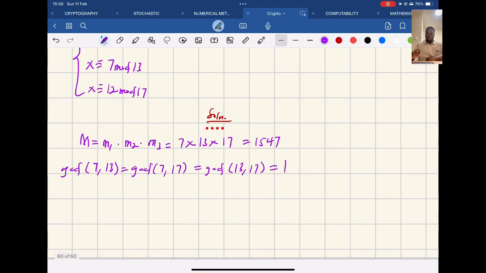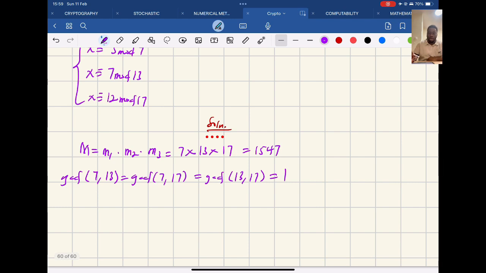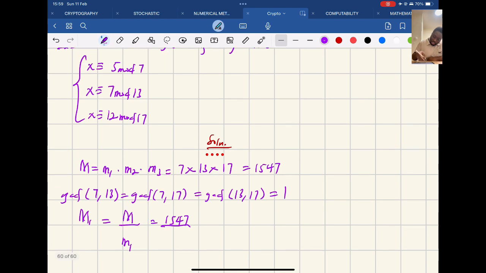Now after doing this, we find our big M1, M2, and M3. M1 is always equal to your big M over your small m1. Big M was 1547, and our small m1 in this case is 7. We are going to get 221.